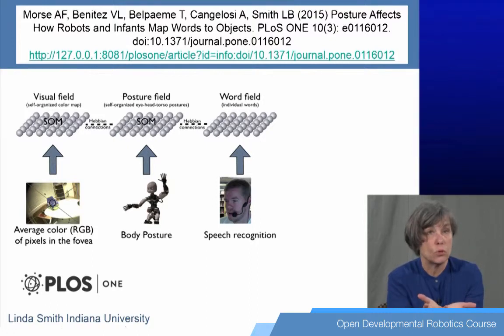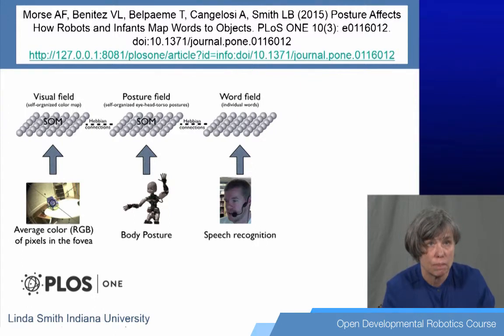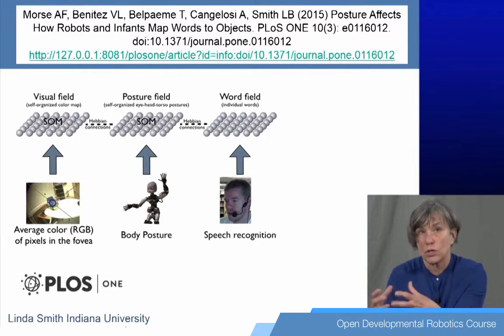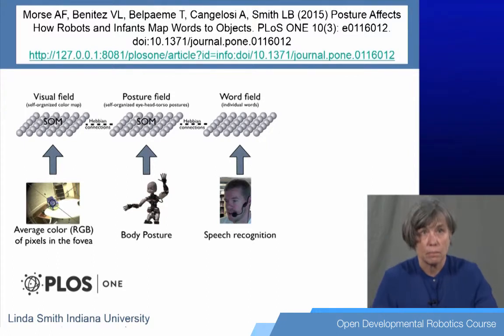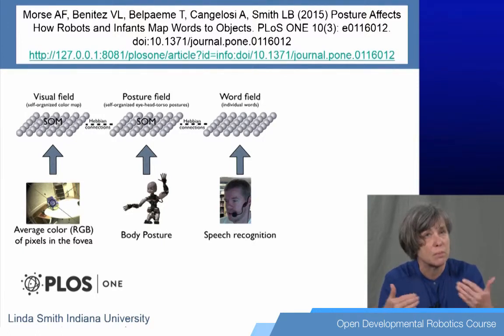They made a beautiful robotic model that explained all of our results, but it also made a really interesting prediction that they tested in the robot. If their account was right, that it was the body's disposition in space, then if I were to teach you an object name while you're sitting and then make you stand up, you might not be able to connect those if it's really being linked through your body's disposition in space.